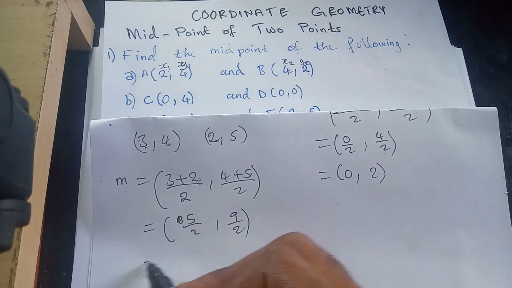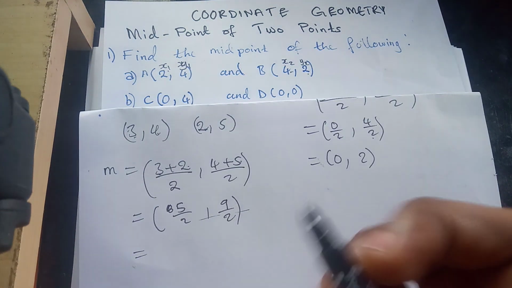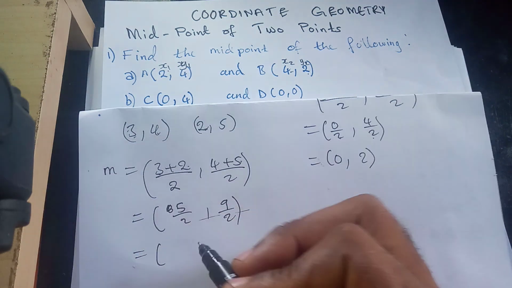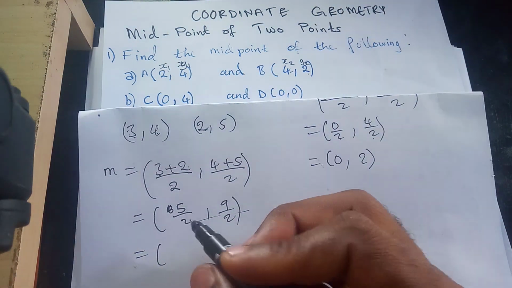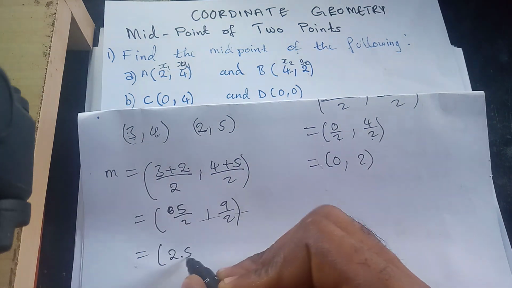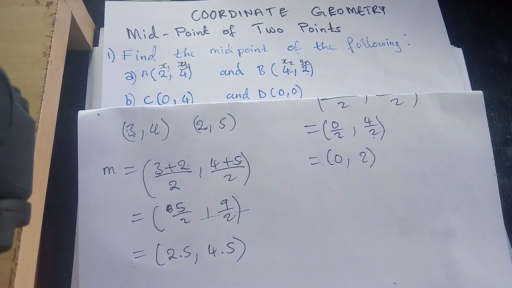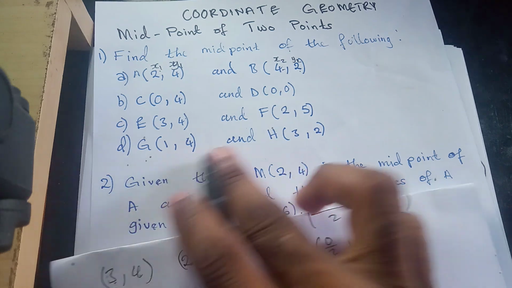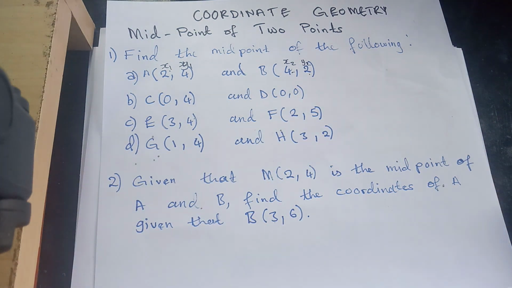So in this case, we have fractions. You can either leave them like this or write your answers in decimal points, because in this case there is no rounding off. So this into this, you have 2.5. This into that, you have 4.5. And then I'll leave part D for you to attempt. So I'll straight away proceed to question 2.